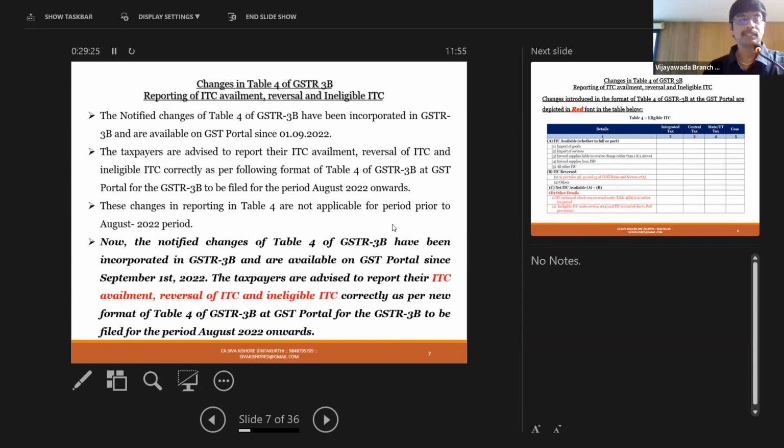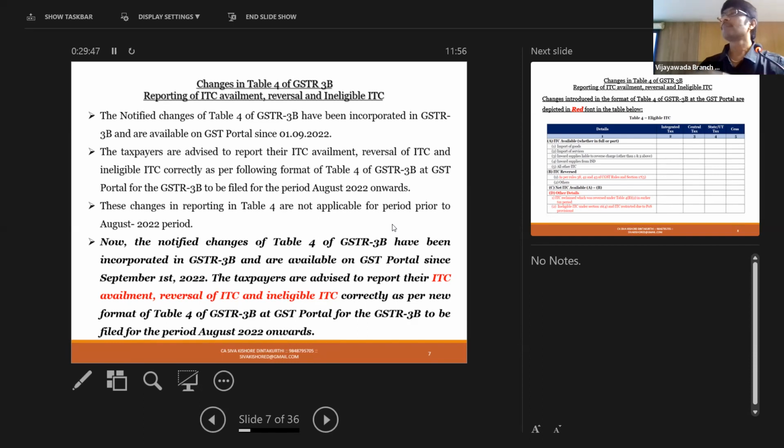1st September. The taxpayers are advised to report. This is the advisory. The wording is copied from the advisory issued by GSTN. The taxpayers are advised to report the ITC availment, reversal of ITC and ineligible ITC correctly as per the following format of table 4 of 3B at GST portal for the GSTR 3B to be filed for the period August onwards.